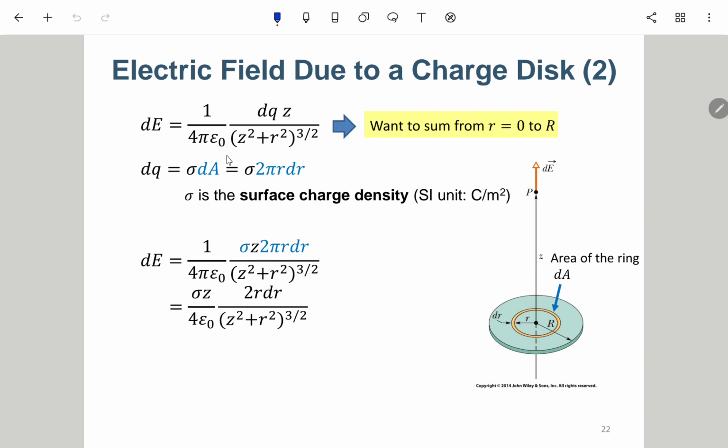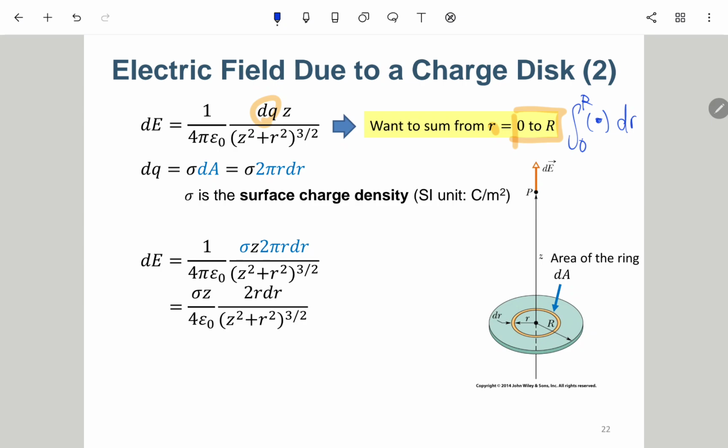But before trying to do the integration, we need to do some substitution, because here we only have dq. You have no way to integrate dq. The idea is to integrate small r from 0 to R. So you should have something like the integral of something dr from 0 to capital R as our ultimate goal.